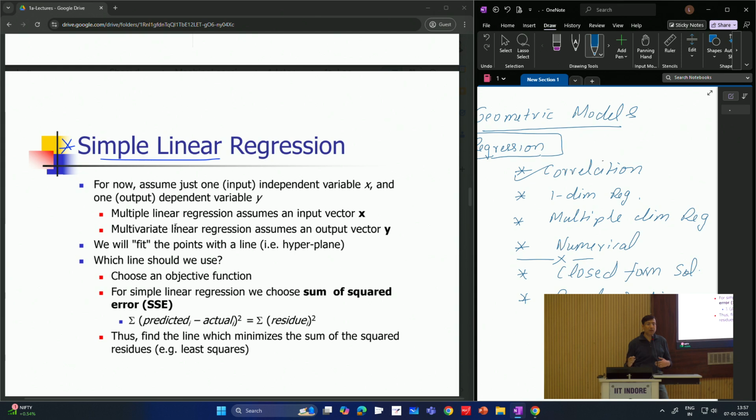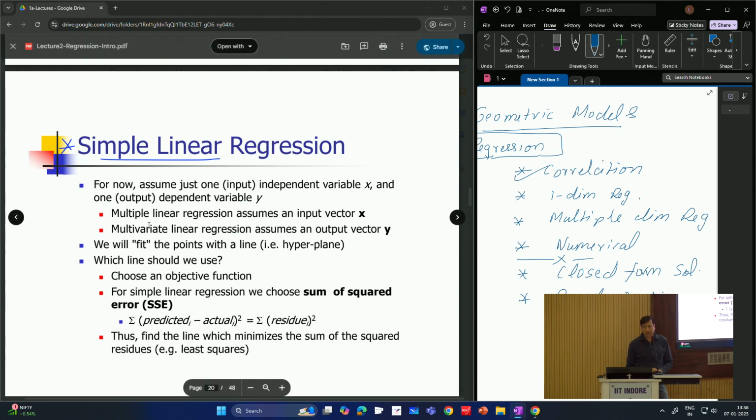So the number of dimensions of both the independent and the dependent variables can be large. When the independent variable is large, the nomenclature is multiple linear regression, and when it is done for y, the dependent variable, it's called multivariate. It's just that. So we're going to see the first case here today, the multiple linear.